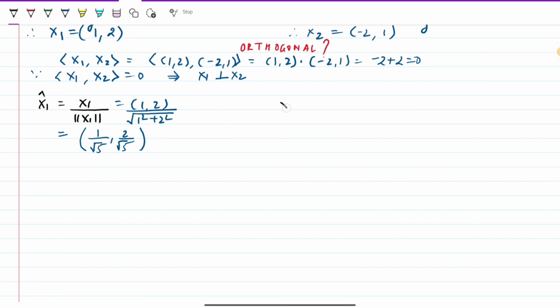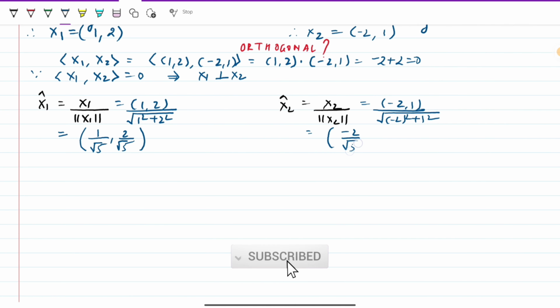Likewise, x2 hat is given as the vector x2 divided by its norm, and this is going to be (-2, 1) divided by square root of (-2) square plus 1 square, and that gives us -2 over root 5, 1 over root 5.